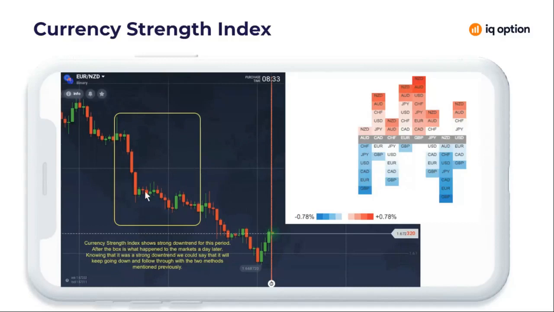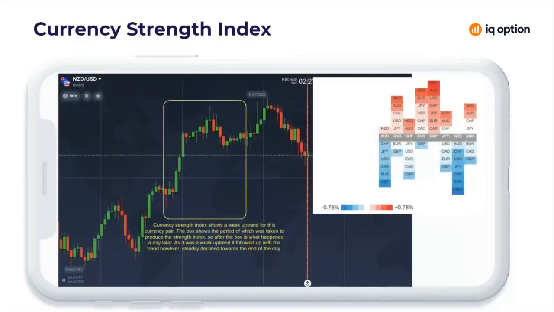So after the box is what happened to the markets a day later. Knowing that it was a strong downtrend, we can say that it will keep going down and follow through with the two methods we've mentioned earlier. Again, just as a quick reminder, these boxes are for the day that I've chosen, the period that I've chosen to simulate my currency strength index.